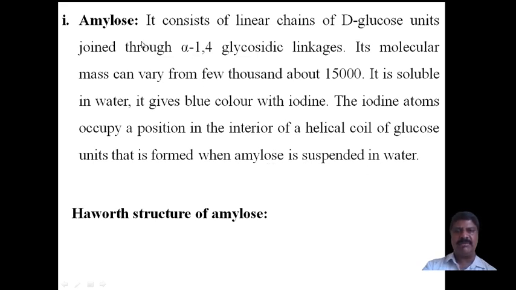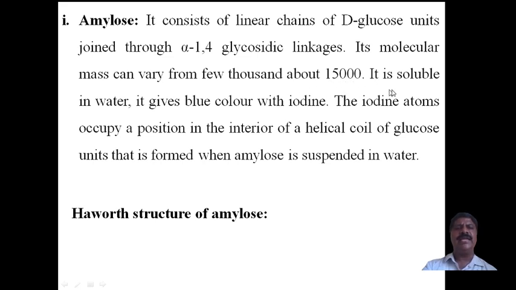Therefore, amylose consists of more than 10 D-glucose units joined by alpha 1,4 glycosidic linkages to each other, and its molecular mass varies from a few thousand to 150,000.